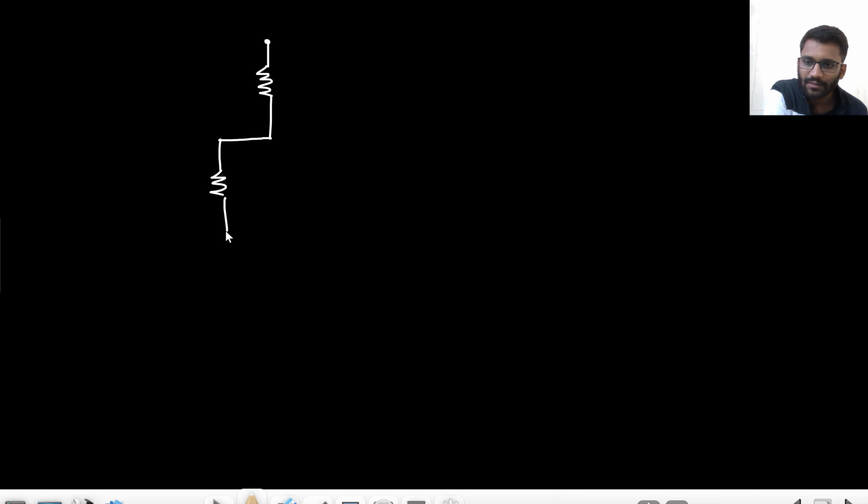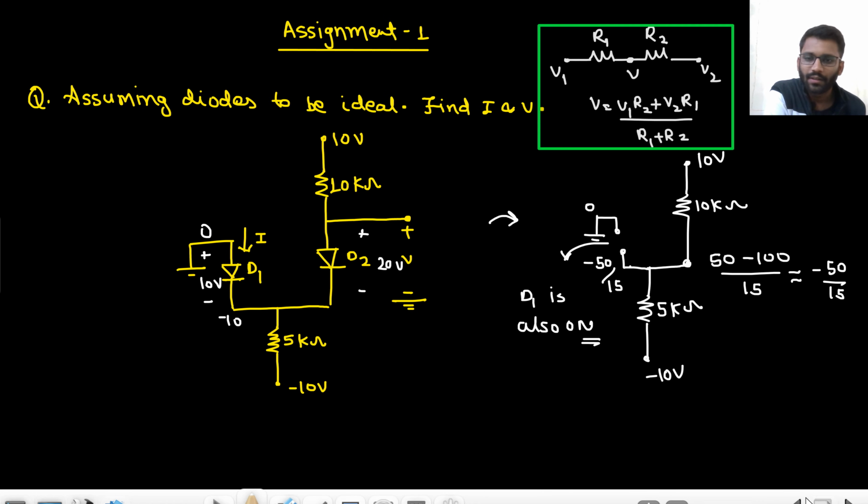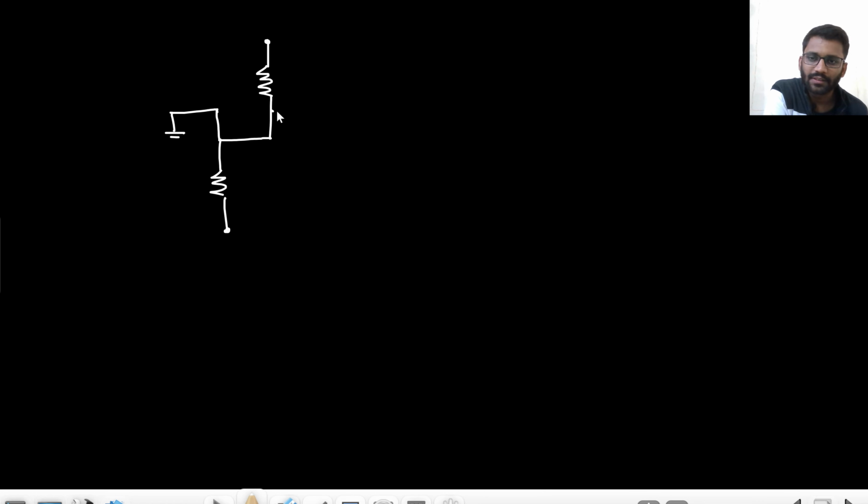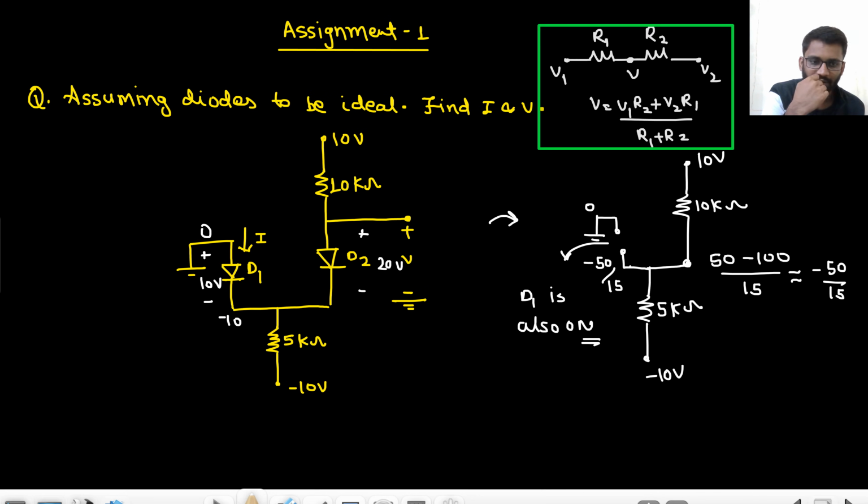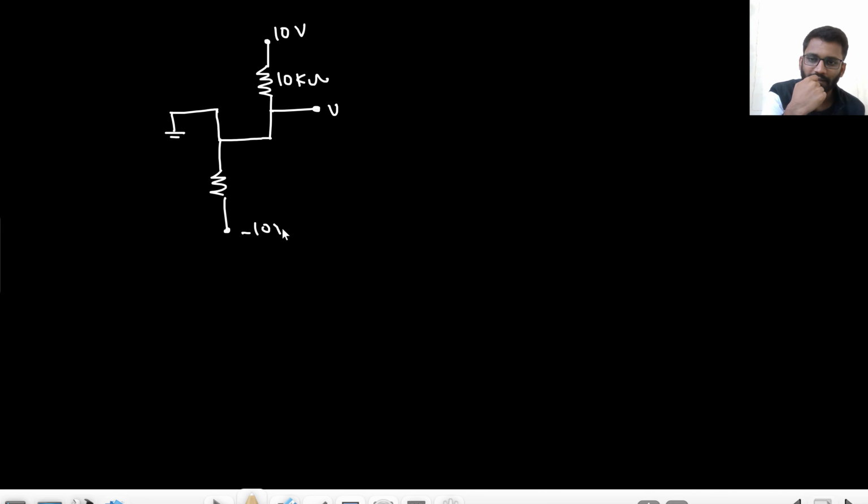This is the resistance, and this is grounded here. Both diodes are on, and this is your potential V. This is your 10 volt battery, this is 10 kilo ohm, and this is minus 10 volt, and this is 5 kilo ohm.